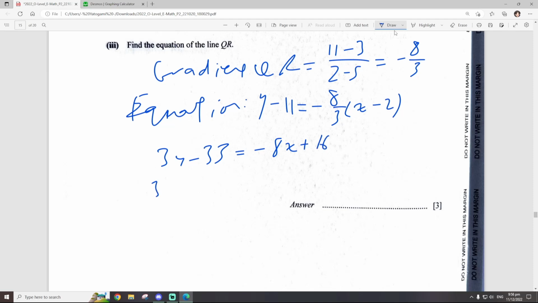So you get the integer form of 8x plus 3y equals 49. This is my answer, but any equivalent form of this will be acceptable. If you wrote it in slope-intercept form, that is also acceptable.